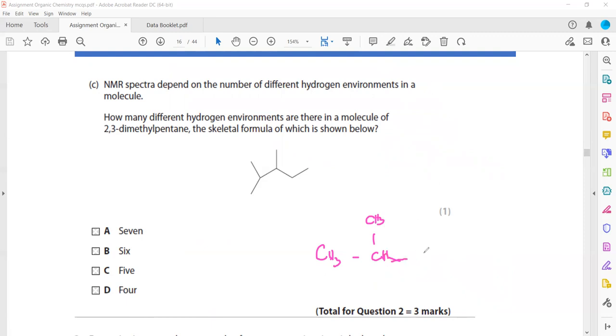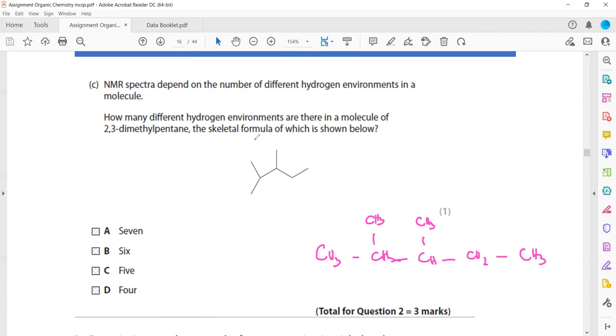The next one, three bonds are there, so there will be one hydrogen. Sorry. This will be CH3, and then this carbon is CH2, and then CH3. So now we have to check how many hydrogen environments are there, total number of hydrogen environments.